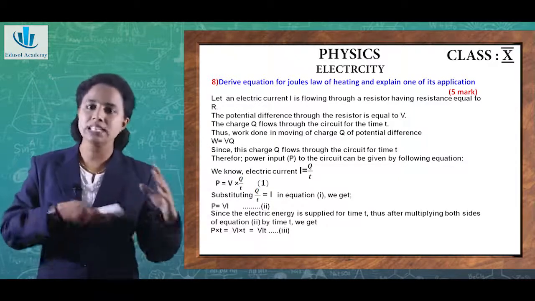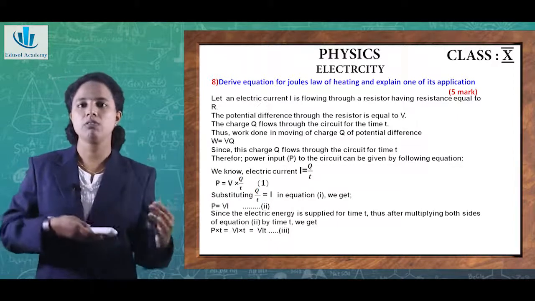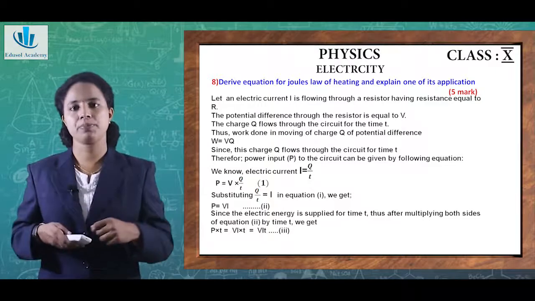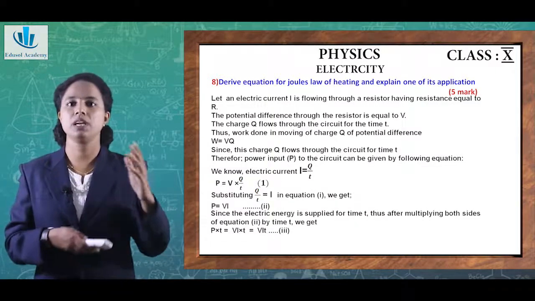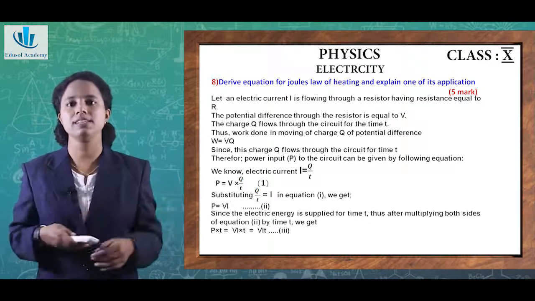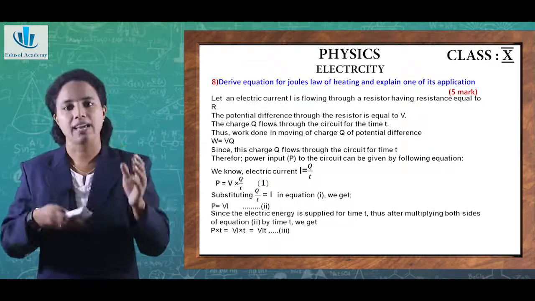Since this charge Q flows through the circuit for time T, how will we relate both of them? The power input P to the current can be given by the equation P equals V into I, isn't it?